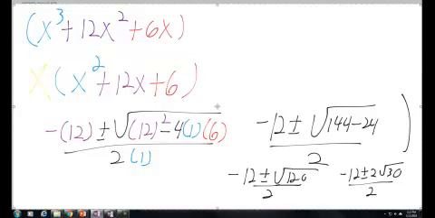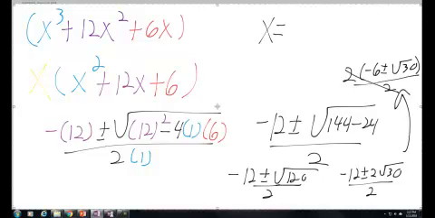So I'm going to move back up here because I'm running out of space. So we'll get 2 parentheses negative 6 plus or minus root 30 divided by 2. Cross that out. And so all zeros would be x equals negative 6 plus or minus root 30.